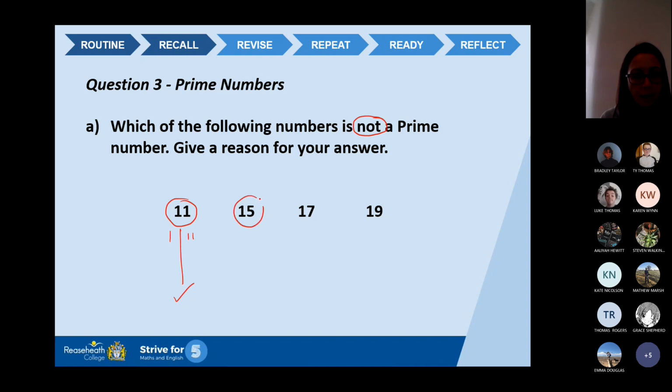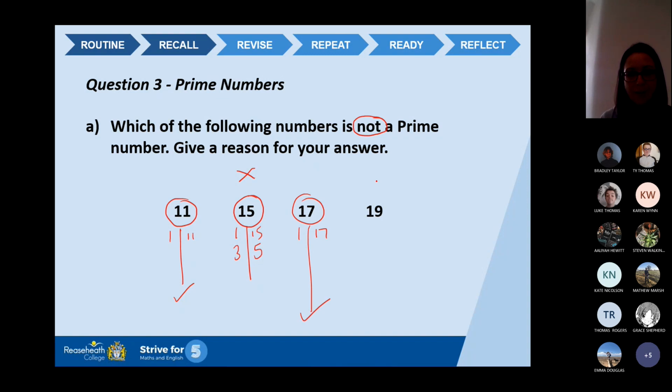15, if we do the factors of 15, it appears in the 5 times tables because you've got 3 times 5, so it's in the 5s and the 3s. That means that 15 is not prime, okay? And then if we look at the others, 17, that's only got 2 factors, 1 times 17. It doesn't appear in any other times table, therefore it's not prime.